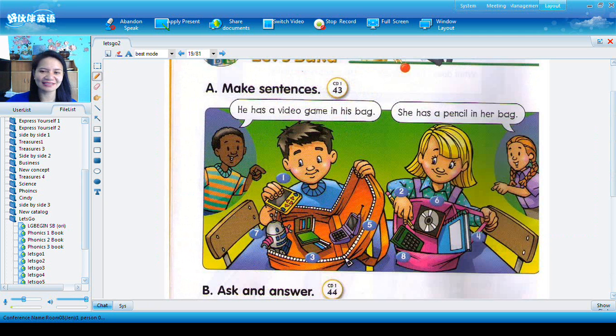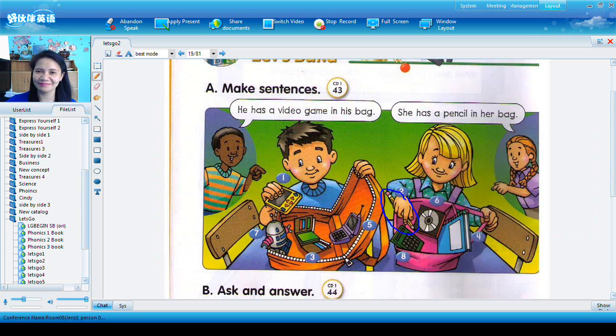Very good. Next, let's look at the girl. What does the girl have? Look at this one. What does she have? You'll say, she has a pencil. Again, what does she have?